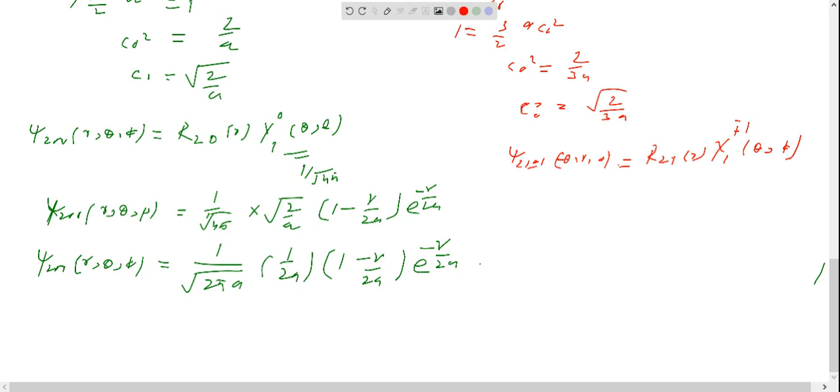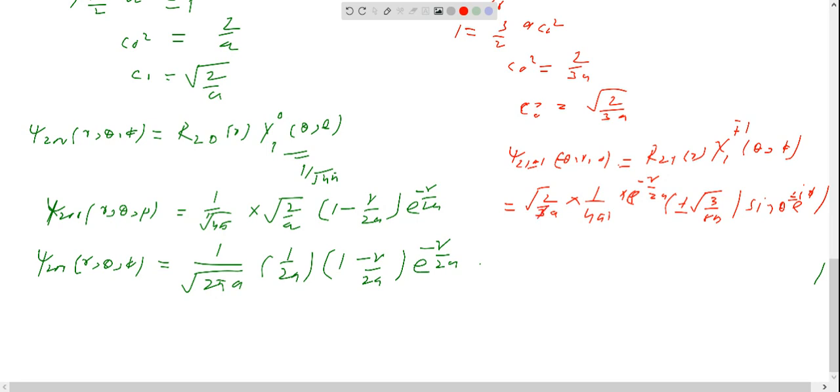Putting the value we get under root 2 out of 3a multiplied by 1 out of 4a square, multiplied by e raised to the power minus r out of 2a, into plus minus under root 3 out of 8 pi sine theta e raised to the power plus minus iota phi.